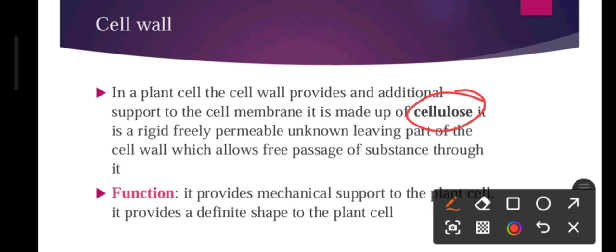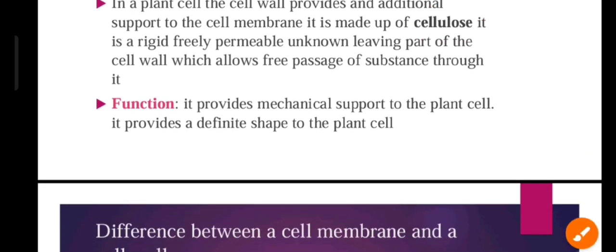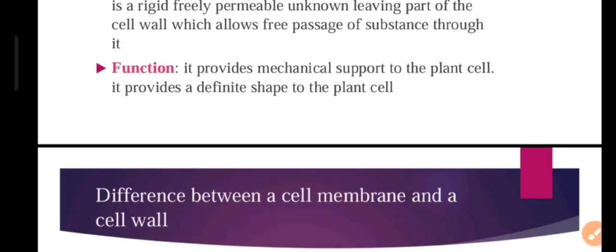It protects the cell from entry of disease-causing agents as well as mechanical injury. The function of the cell wall is to provide mechanical support to the plant cell and give definite shape to the plant cell.